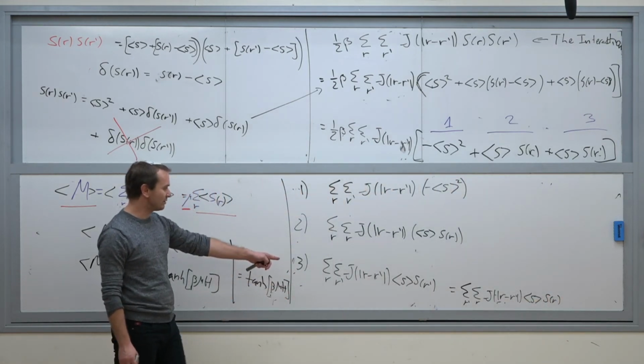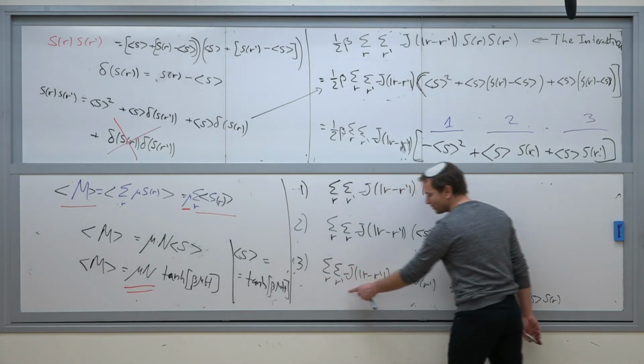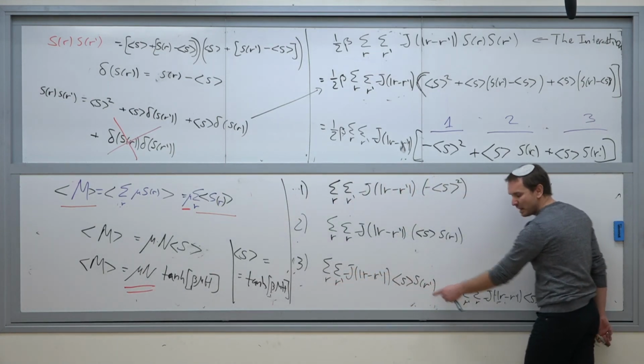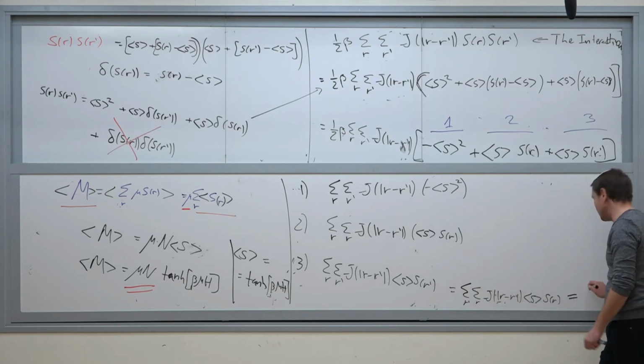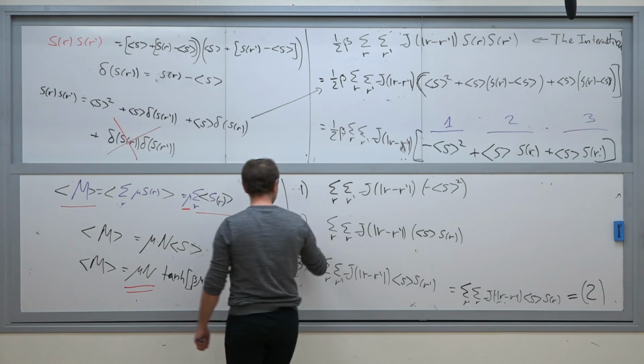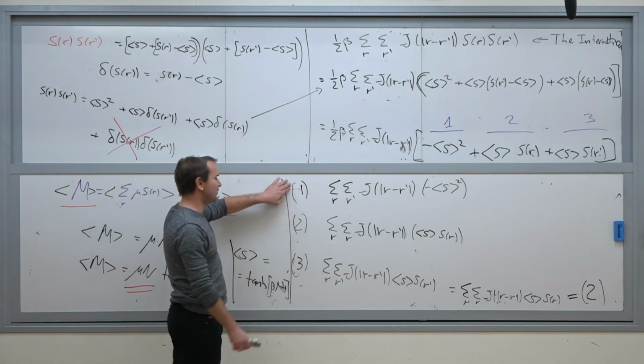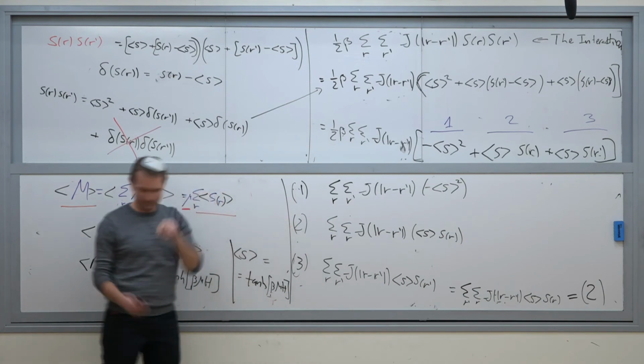So I don't care if I count first over r, afterwards over r prime. It's just a dummy variable, so it's exactly equal to the second term. So the third sum and the second sum are exactly the same, so I'm only left with the first and the second sums to count.